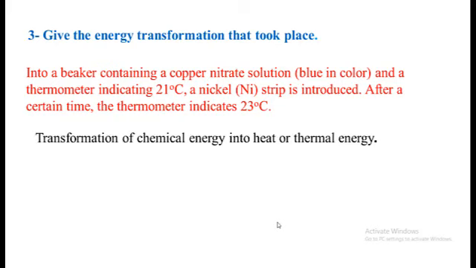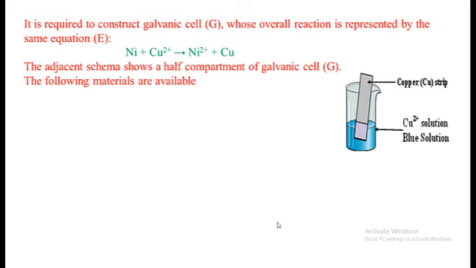It's required to construct galvanic cell G whose overall reaction is represented by the same equation, Ni + Cu2+ give Ni2+ + Cu. The adjacent schema shows a half compartment of galvanic cell. Half of the galvanic cell is shown here. Copper strip is dipped in Cu2+ solution which has blue color.